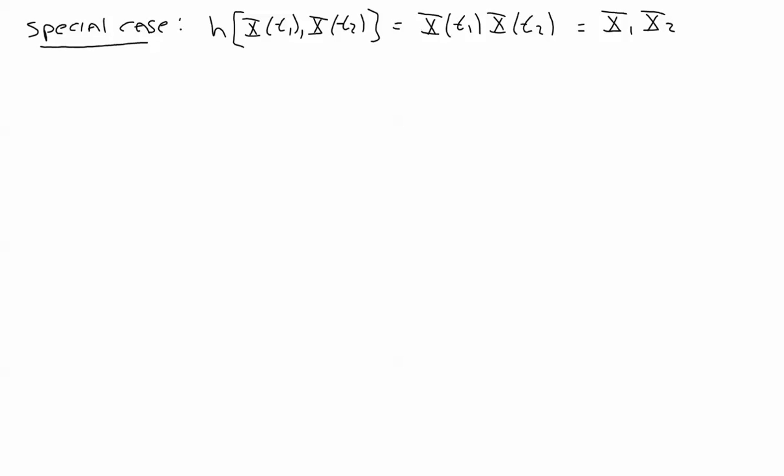Let me refer you back to something we saw earlier on. We had a thing called the correlation. When we were talking about joint random variables, we had an expectation that was a special case.